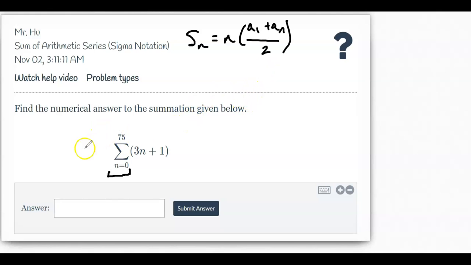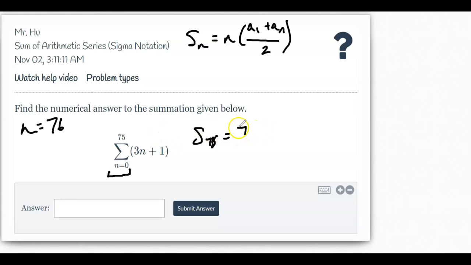Okay. So here's what I'm going to show you here. Again, I know my n is 75. But because I'm starting at 0, I have an extra number that is actually going to throw my n to 76. So let's go ahead and put that in the formula. S sub 75. I'm still going to write 75 there because that's what I'm looking for in the end.